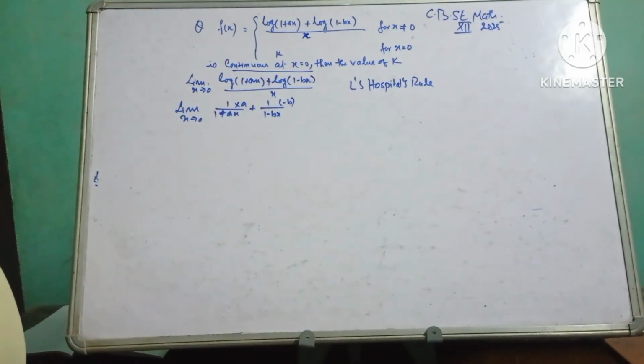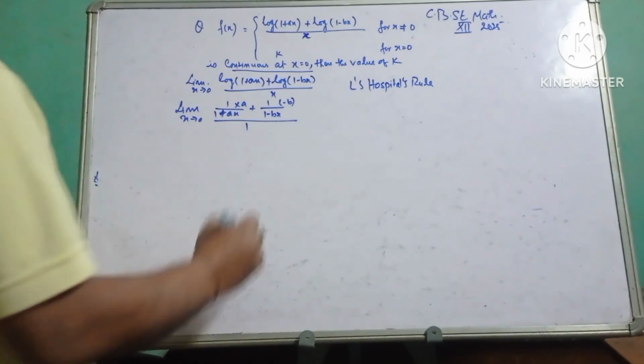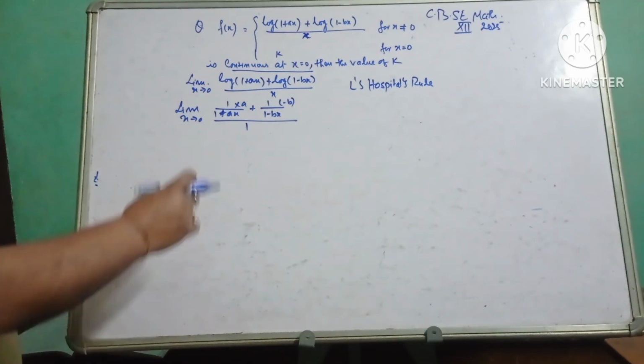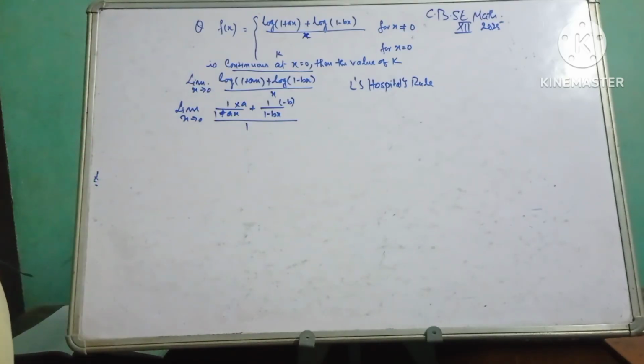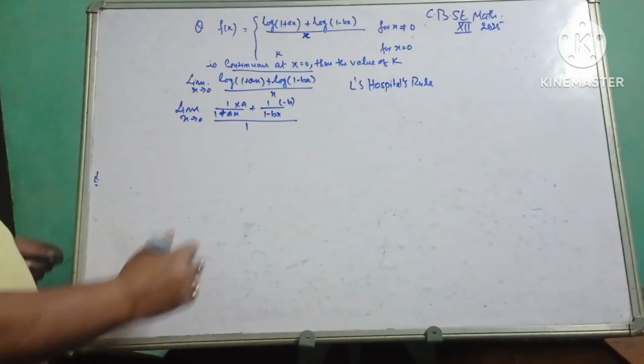And the differentiation of x in the denominator will be 1. So the result will be a by (1 plus ax) minus b by (1 minus bx).